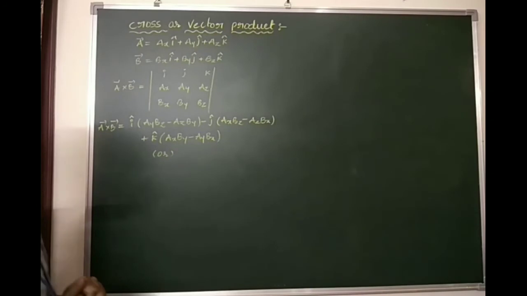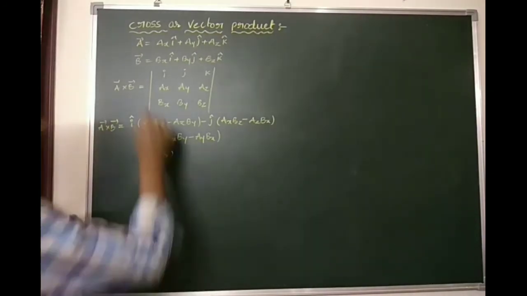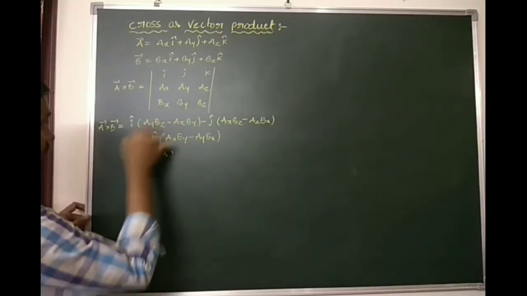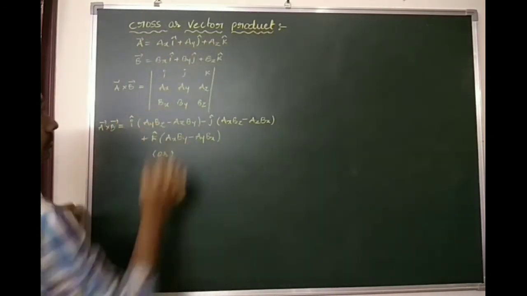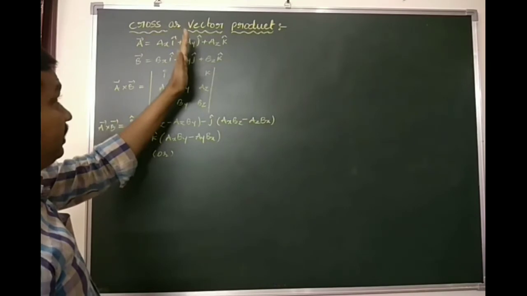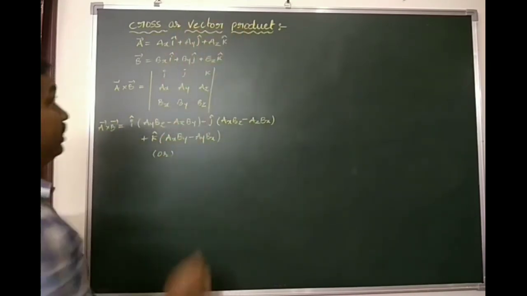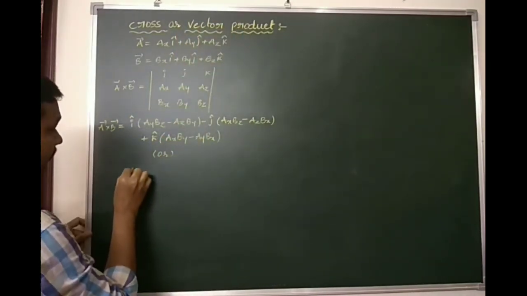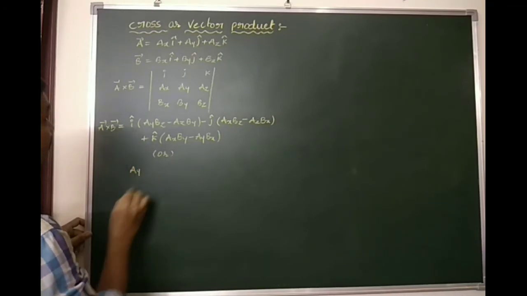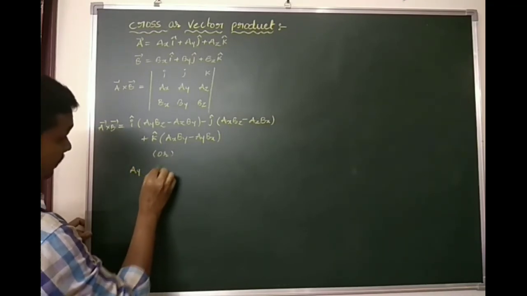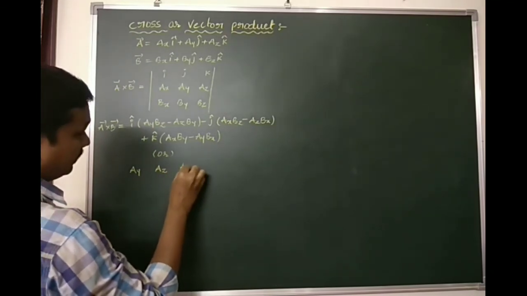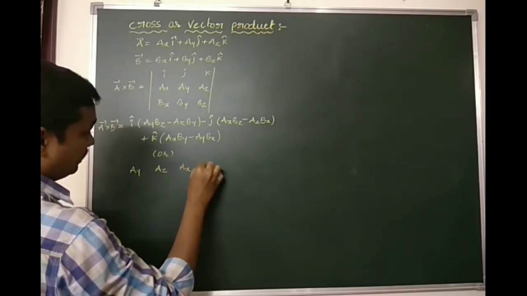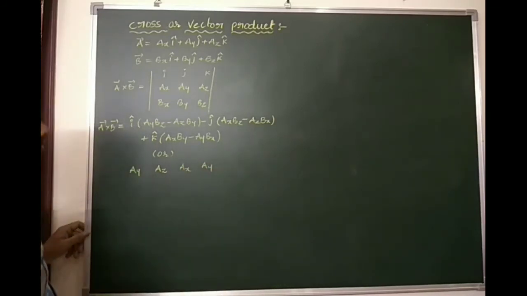Shortly, a very easy shortcut method to do this. First we need to take two vectors and write only the components, like Ay, Az, Ax, again Ay.